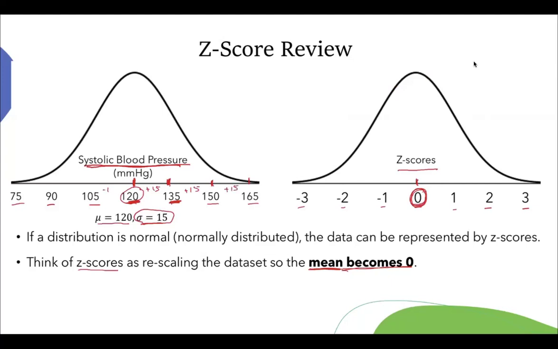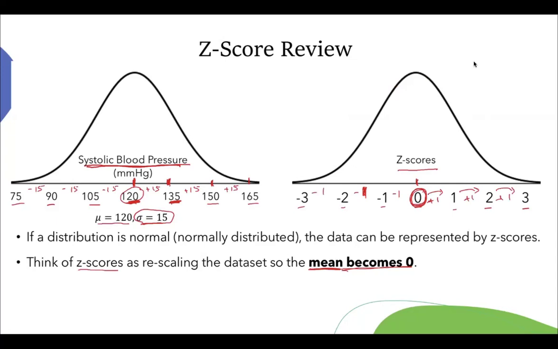And if we subtract 15, we'll get subsequent blood pressures on the left. Now, what happens on the z-score side? To get from one z-score to the next, you're not adding 15. What we're doing here is adding 1, right? We're adding 1 each time. And if you think about what's happening on the left, you're subtracting 1 each time.